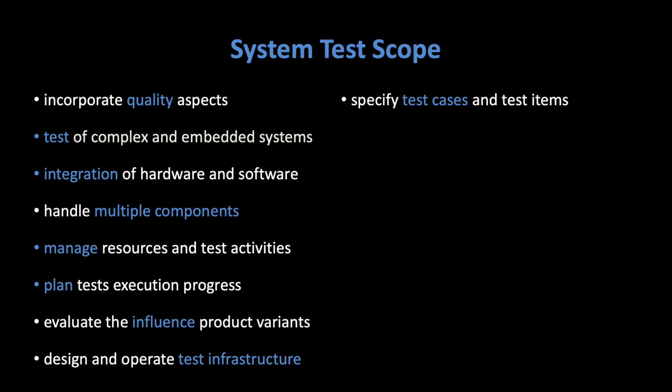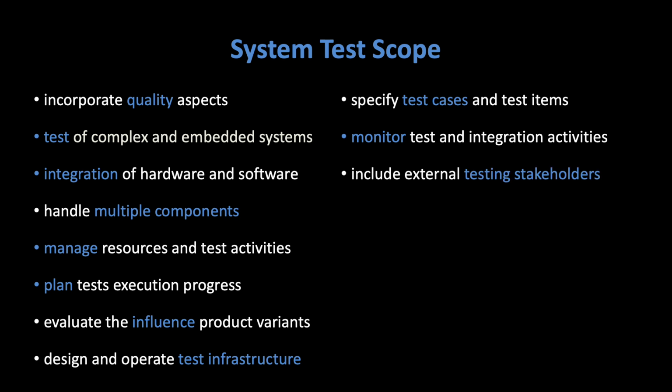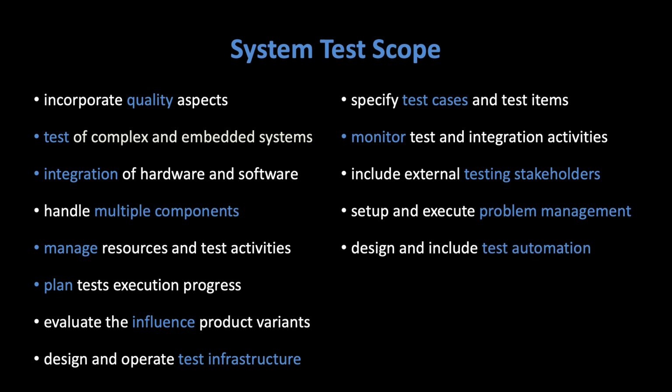You have to specify the test cases or other test items like test sets, etc. Then you have to monitor test and all integration activities. You have to include many project stakeholders within testing or the project itself. You have to do problem management, which is very important. And you have to include and design test automation. You have to do a lot of reporting, set up metrics, KPIs, etc.